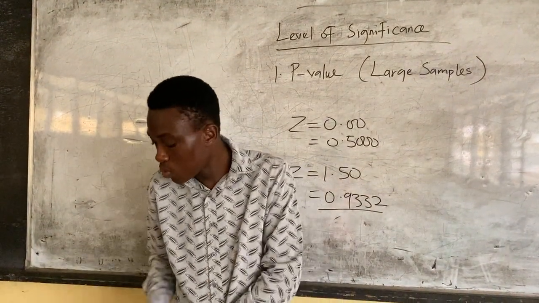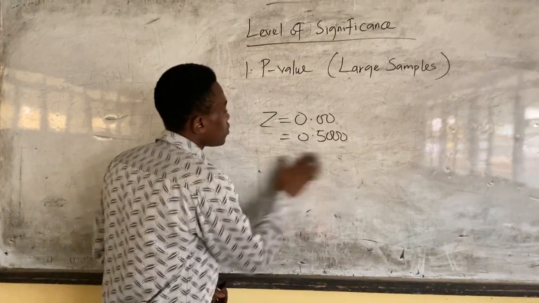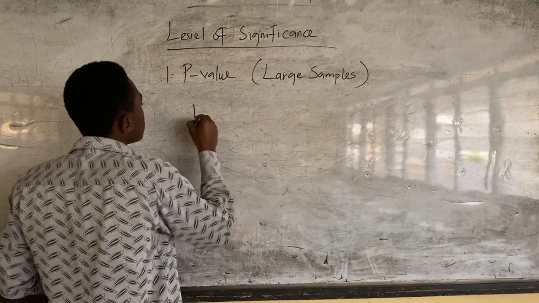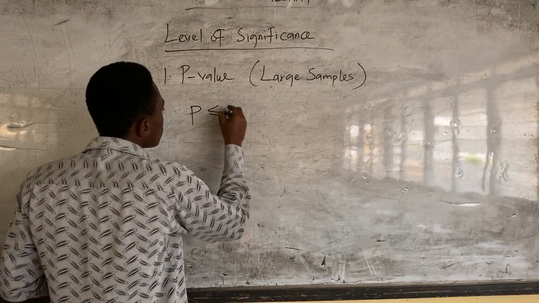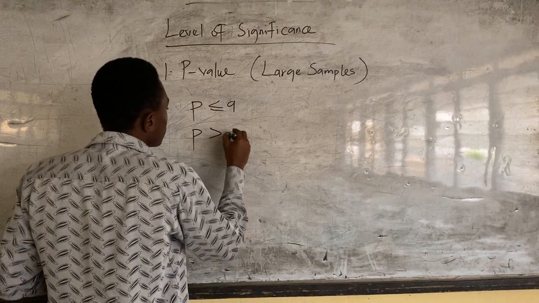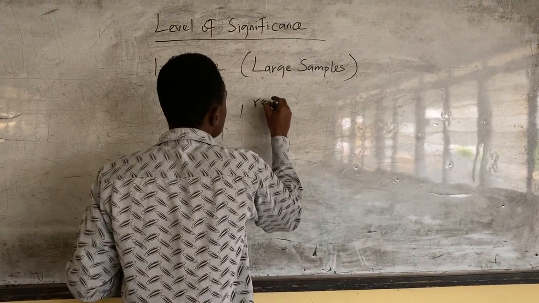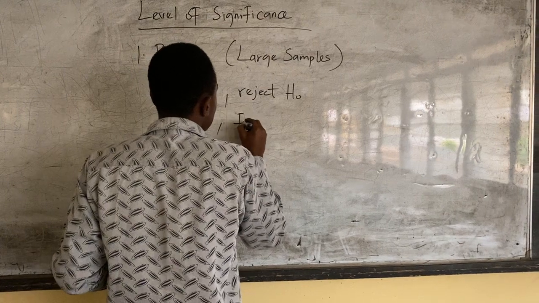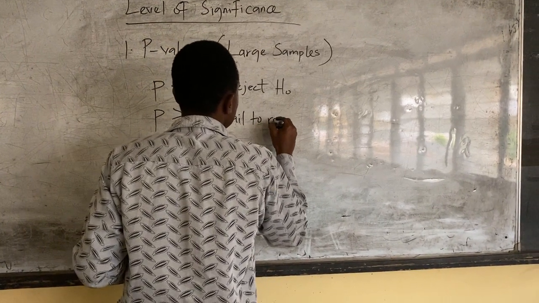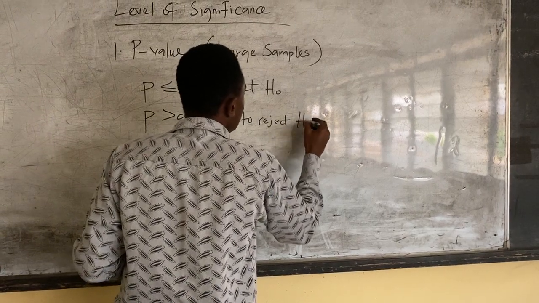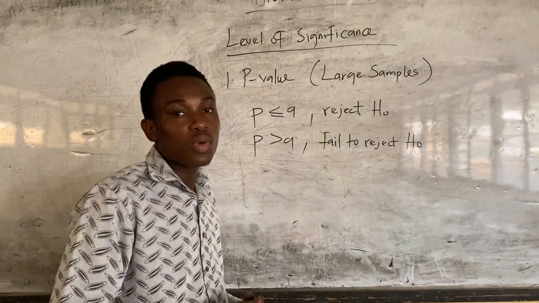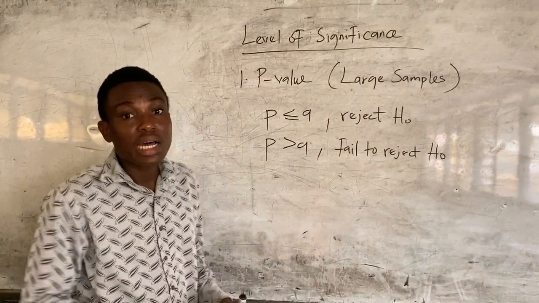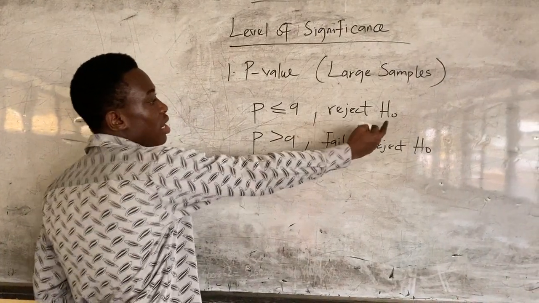And there is a decision rule for the p-value. For any hypothetical question, if your p-value is less than or equal to alpha, we reject the null hypothesis.